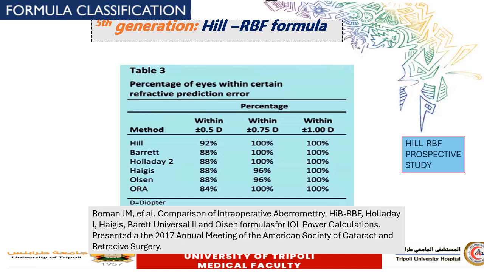So this is really a very high percentage, and it indicates that the Hill-RBF, utilizing artificial intelligence, shows a high degree of predictability against other standard traditional formulas that use the theoretical or regression analysis model.